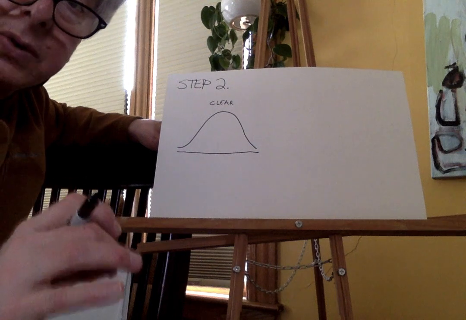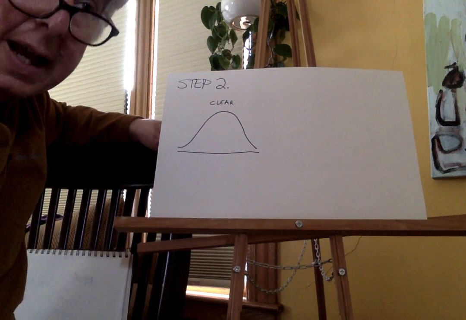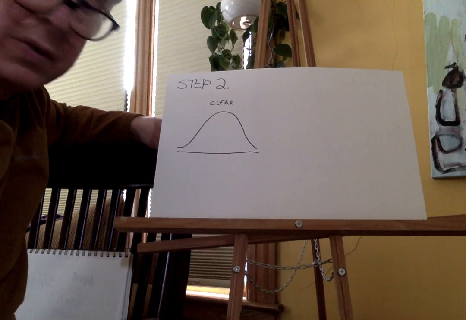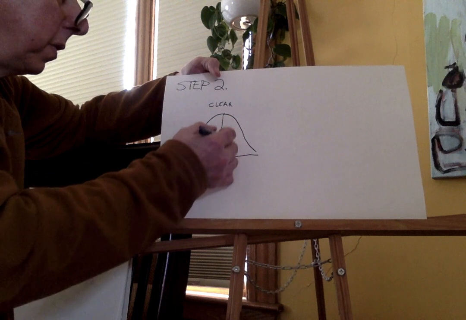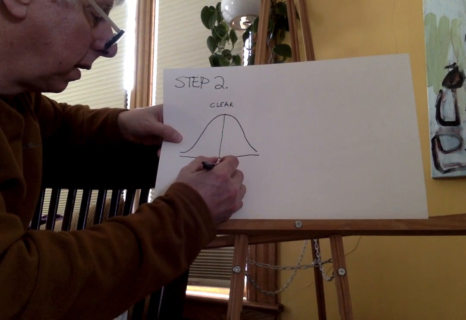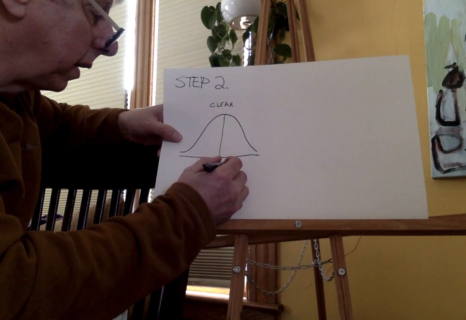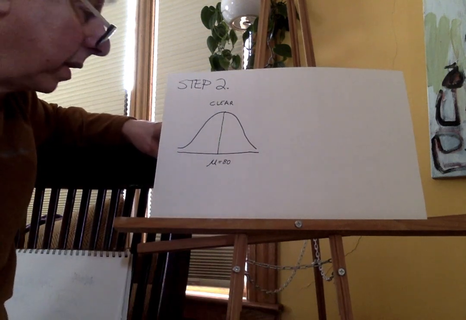Because when I ask people to rate the clear solution, they're not all rating it at 80. That's the average, right? I mean, we've talked about this lots and lots. So I can tell you, we can assume that the average for the clear is 80. That's a given. That's what I've given you.